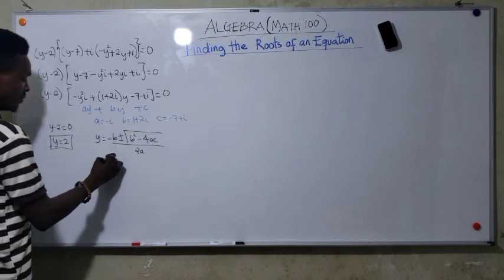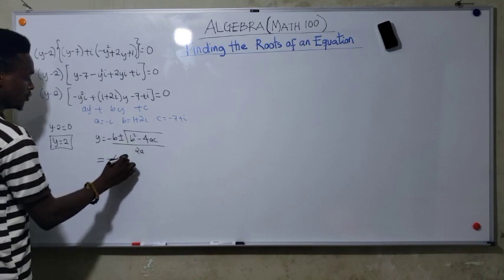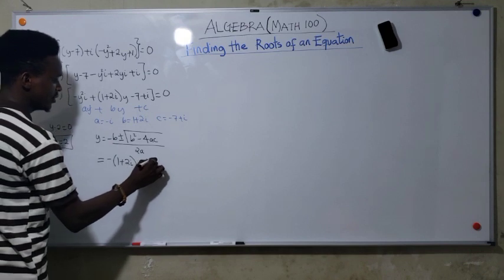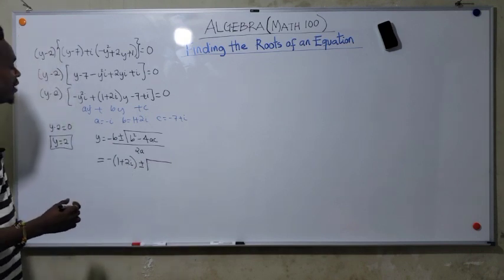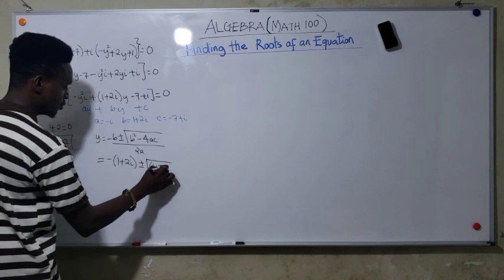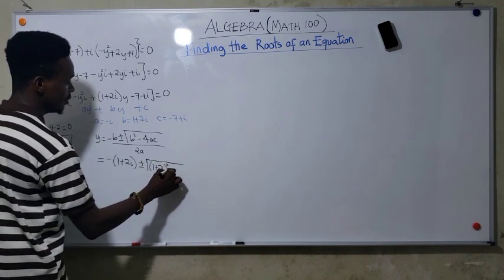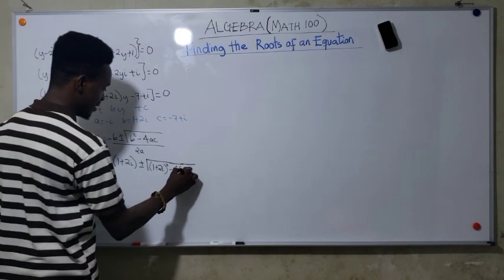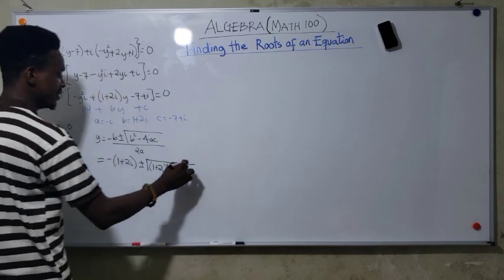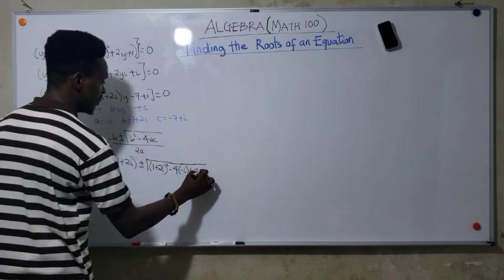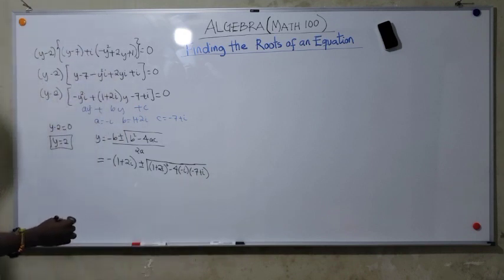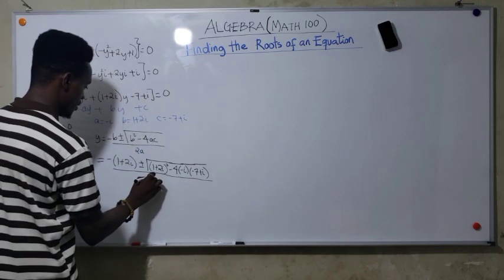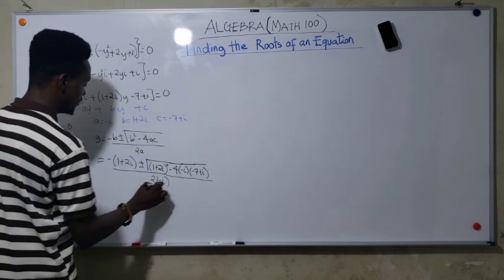So the value of minus b will be minus (1 plus 2r), plus or minus the root of b squared, which is (1 plus 2r) all squared, minus 4 times the value of a, which is minus r, and the value of c, which is minus 7 plus r, divided by 2 times minus r.